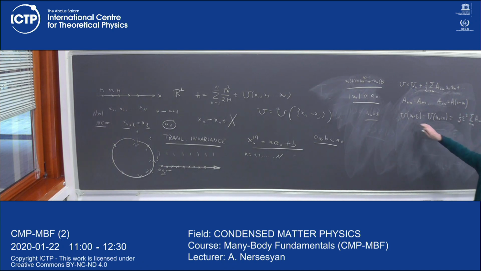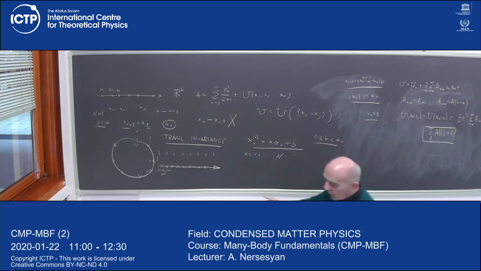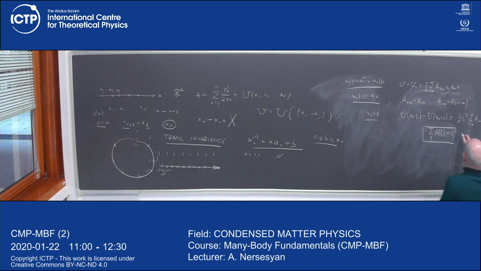The requirement that the energy doesn't change means there is a sum rule: a summation over all the relative distances, with both signs taken into account, gives you 0. This is a property of the dynamical matrix, and it is nothing but the consequence of the global translation invariance.